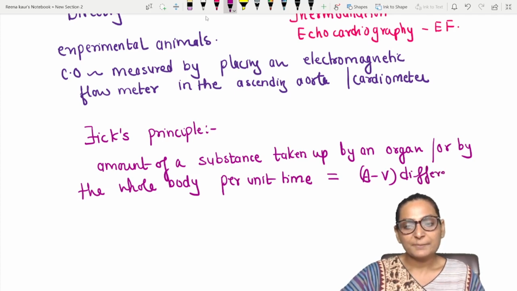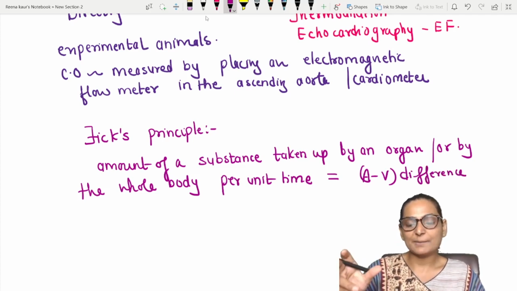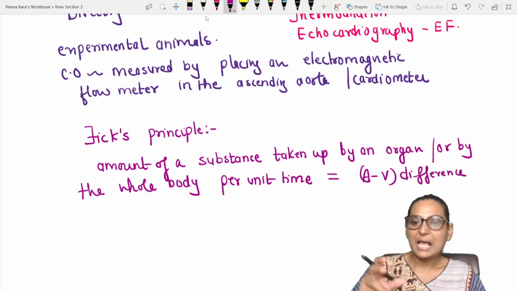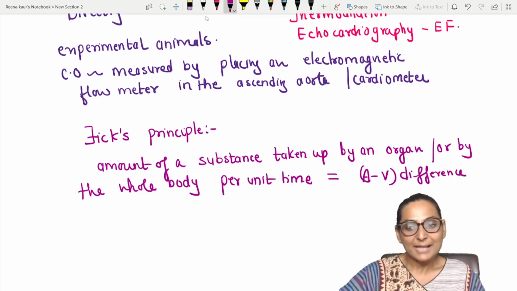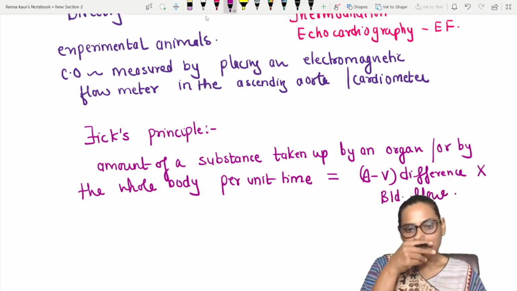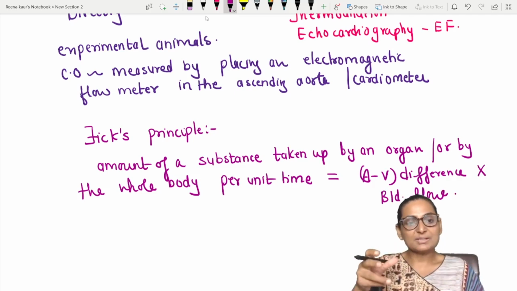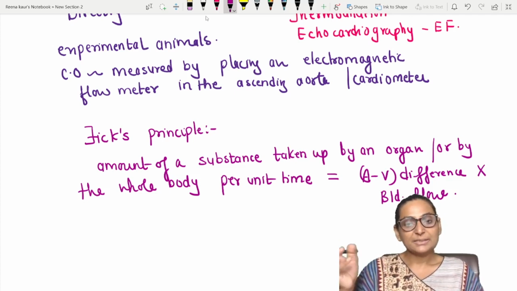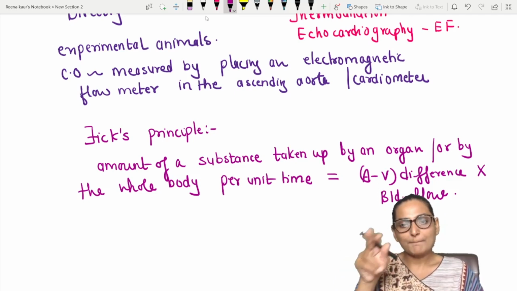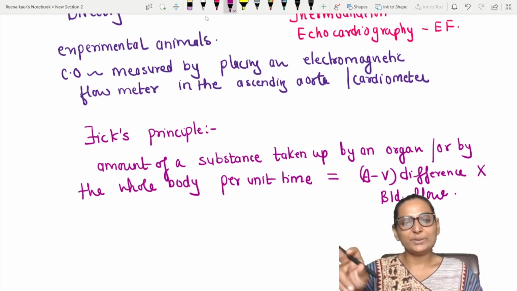That means you have to measure that substance in an arterial sample and in a venous sample, take the difference, and multiply it by the blood flow. So what does it say? The amount of substance taken up is equal to the blood flow multiplied by the arteriovenous difference of that substance.